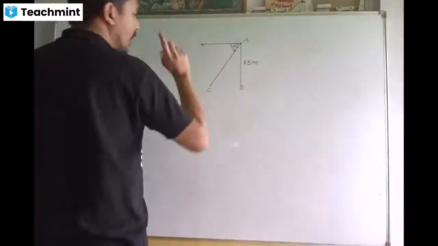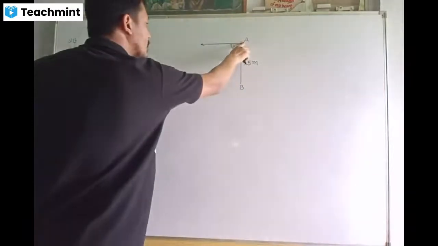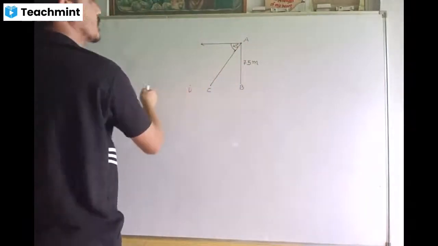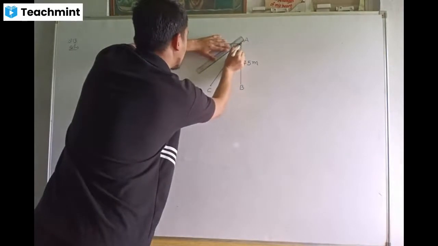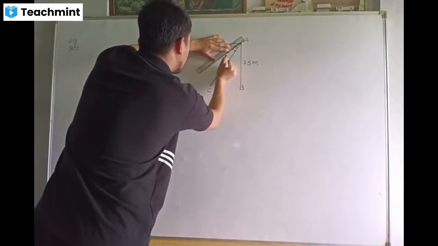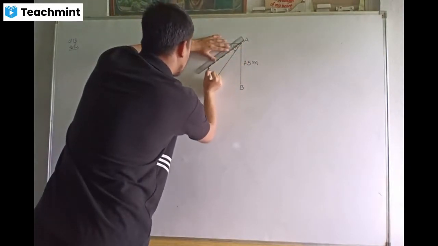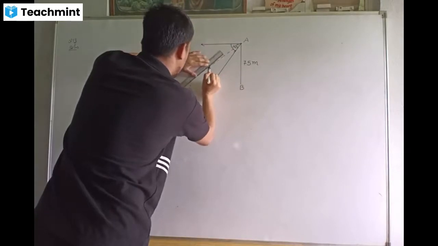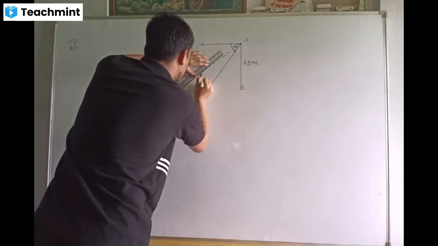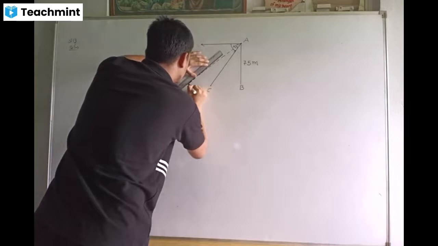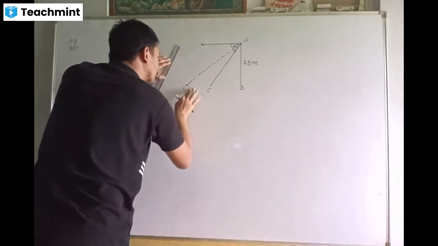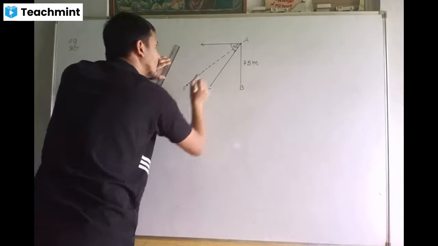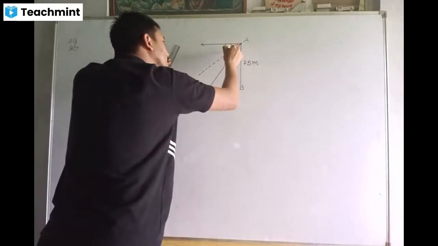And at the same time, the observer is looking down at the second ship. He's looking down again at the other ship. So here is your B, with an angle of depression, this time, of 30 degrees.